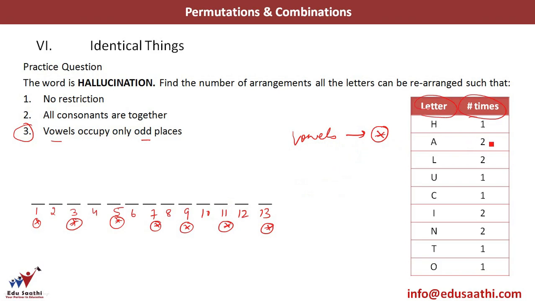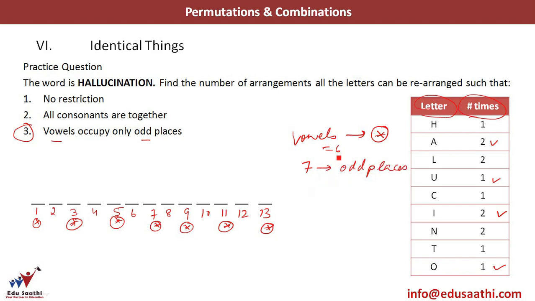Let's count the number of vowels first. I have 2 A's, 1 U, 2 I's and 1 O. So in all I have 6 vowels, but the number of odd places I have is 7, the places which are marked with a star.